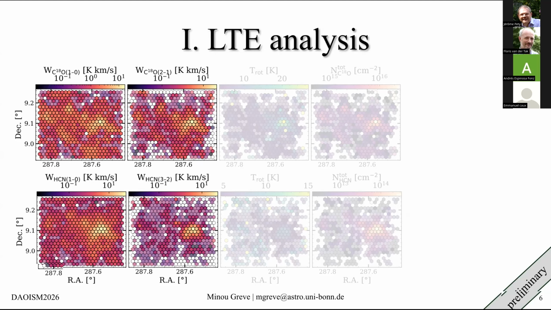And for the sake of the later modeling, these integrated intensities are computed in hexagons of beam size corresponding to 3 parsec. The hexagons which are shown with a lower alpha value are those that do not fulfill the criterion of a signal-to-noise cutoff of 3, which will be very important later.